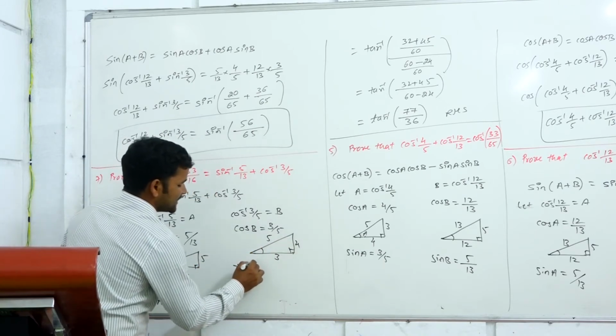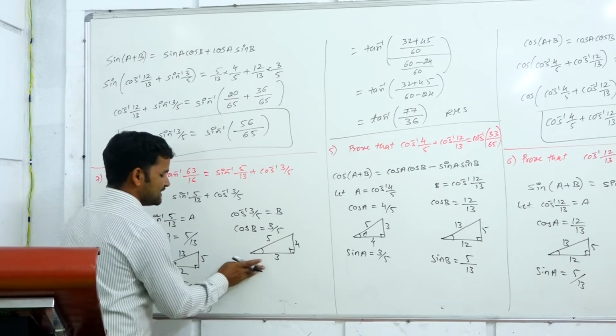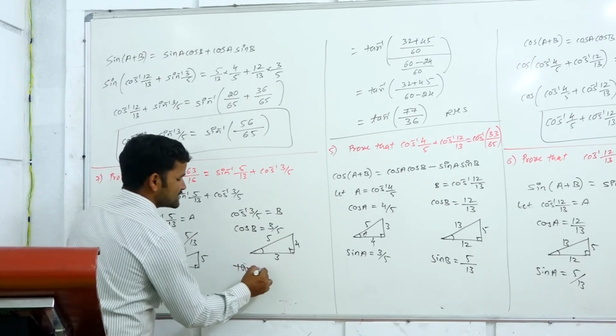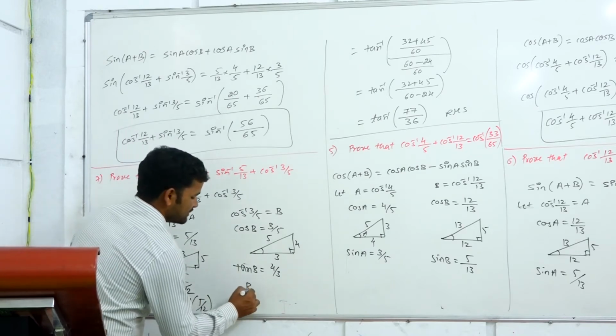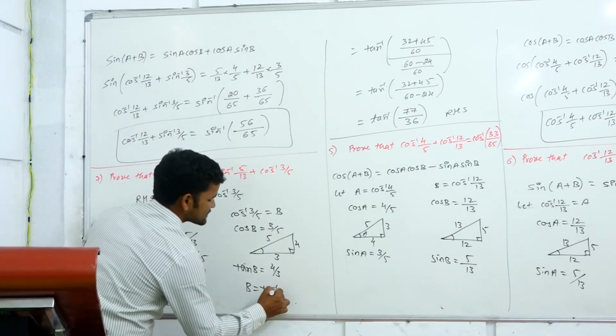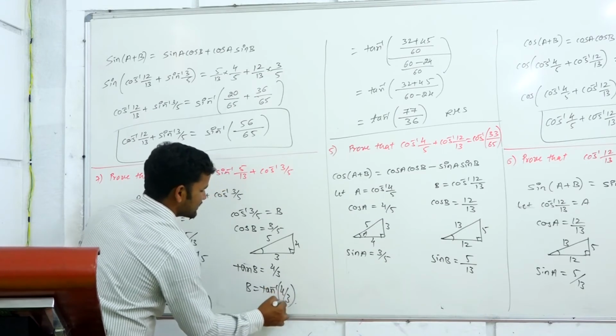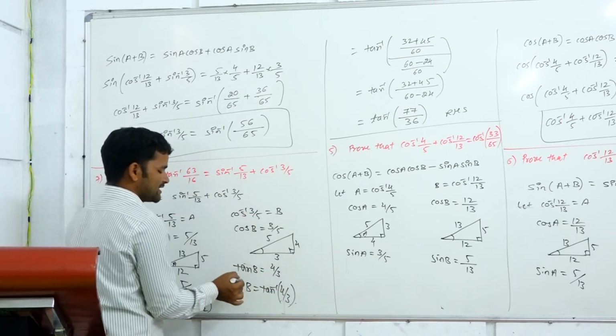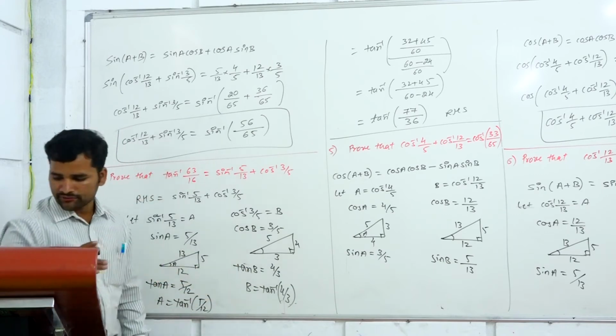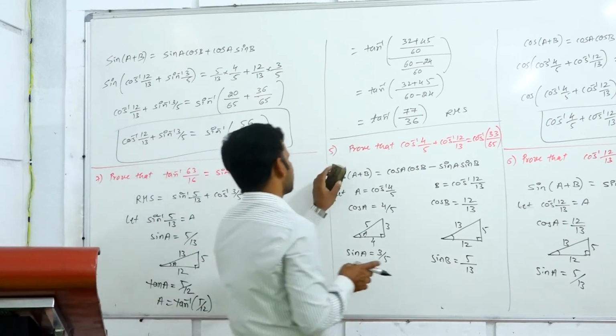We need to convert it in terms of tan inverse. So here tan B is equal to 4 by 3. Then B is equal to tan inverse of 4 by 3. Cos inverse of 3 by 5 can be written as tan inverse of 4 by 3.